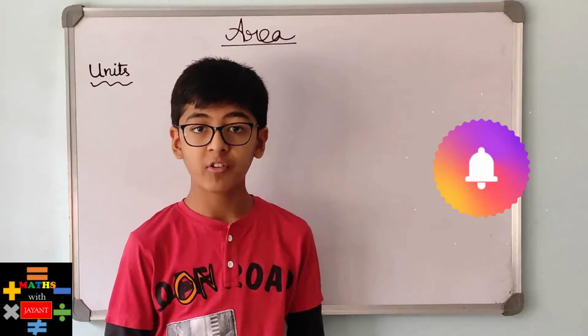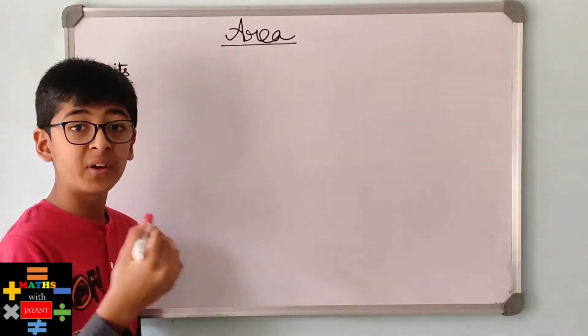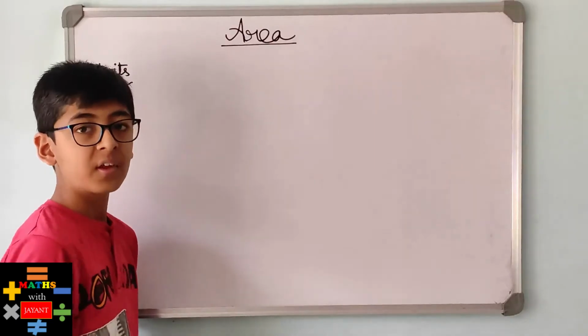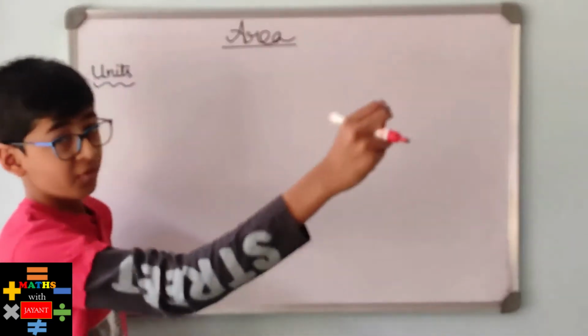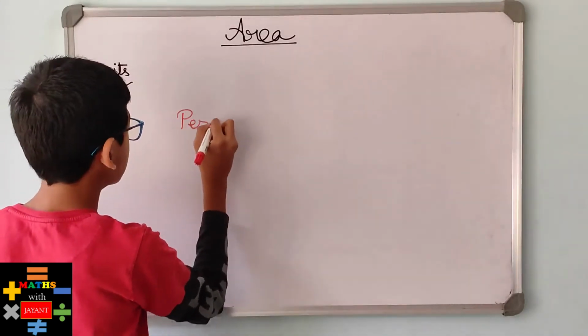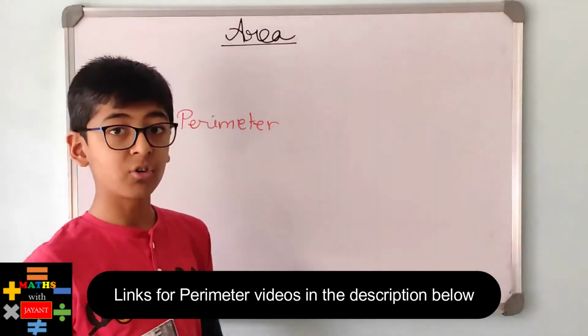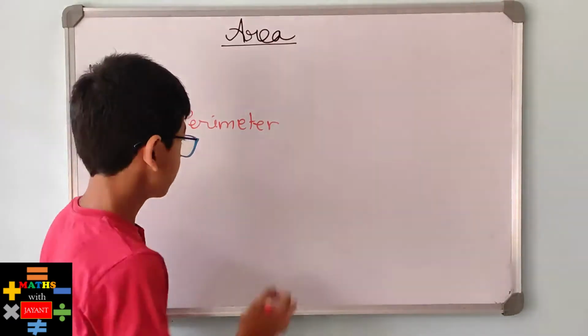Now let us discuss the units of area. For measuring area we use units. So what are the units? First let us revise the units for measuring the perimeter. If you don't know what is perimeter, you can watch my videos on perimeter.